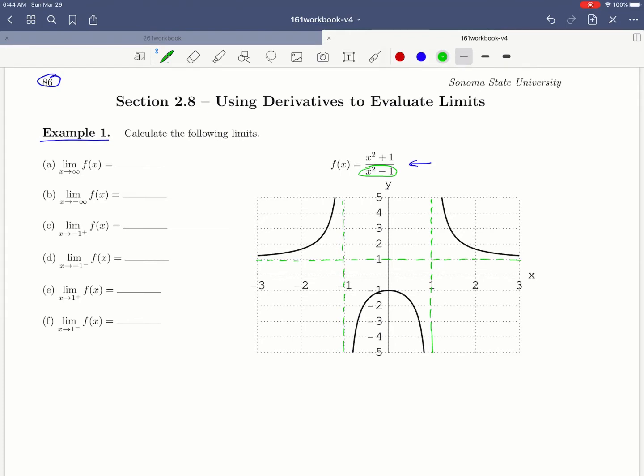Okay, and now what about these limits? Well, what I'd like to do is to just pick out a couple of these and see if we can do the limit using a table, just to review that old method that we talked about a while ago. Let's start with part A here. It would like us to calculate the limit as x approaches infinity of f of x.